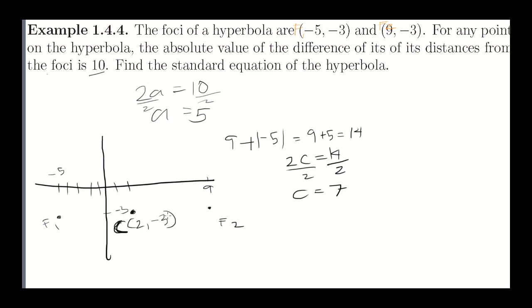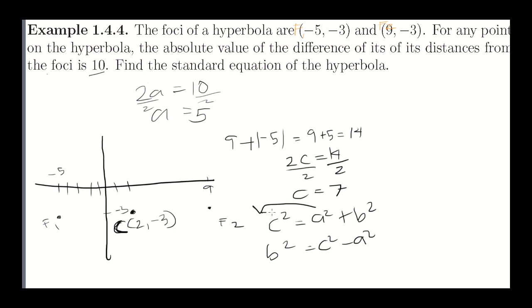Now we have the center, and we have c, so we can use c square equals a square plus b square. Then we just need the b, right? So b square equals c square minus a square.